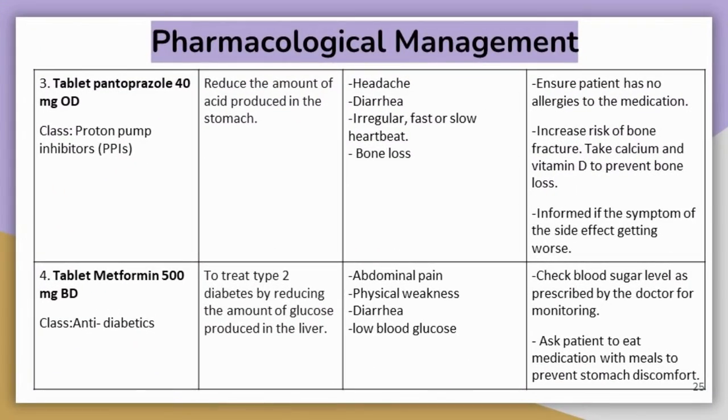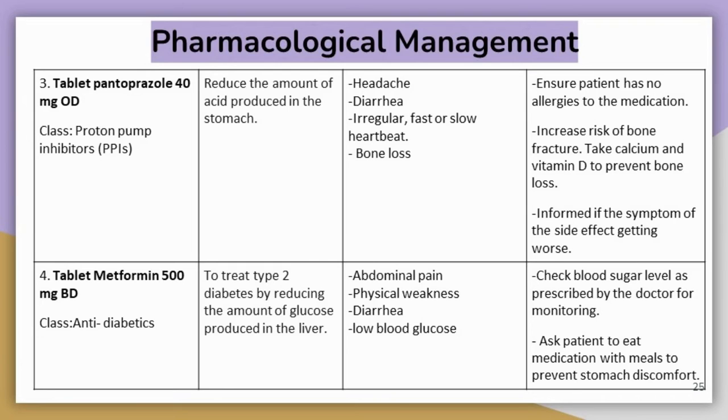Third, tablet pantoprazole 40 mg OD. It is to reduce the amount of acid produced in the stomach. As the patient is elderly, it will increase the risk of bone fracture. So the nursing responsibility is that the patient has to take calcium and vitamin D to prevent bone loss.